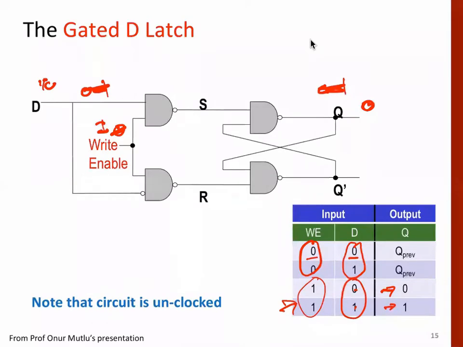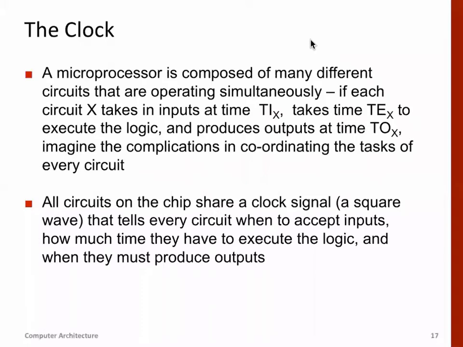And note that there is no clock here, right? So now let's come to the concept of the clock. If we don't have a clock, and we have combinational and sequential logic circuits, it's very difficult to synchronize between them, right? Because ultimately a microprocessor has to give output corresponding to various functions that are designed using combinational logic and sequential logic circuits.